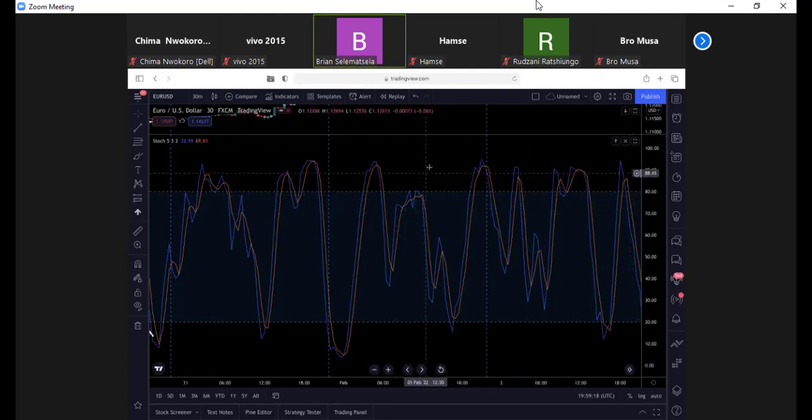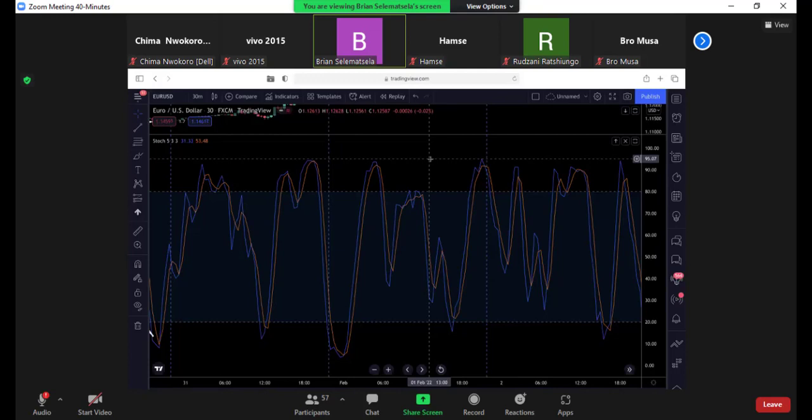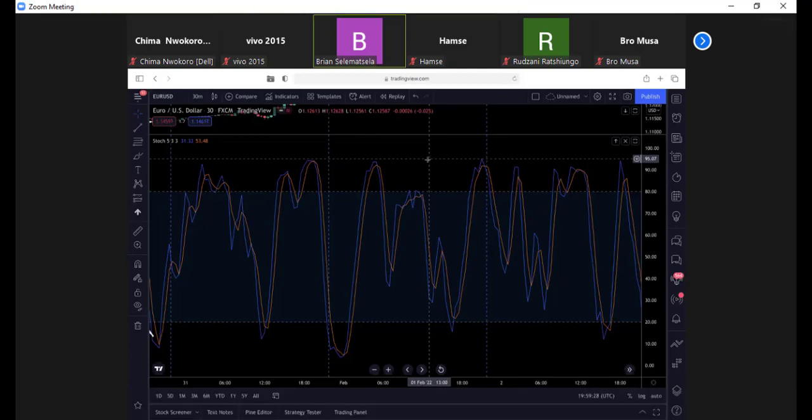And from 80 to 100 is when the market is overbought. So we always look for divergences where the market gives us a divergence touching the overbought or oversold.